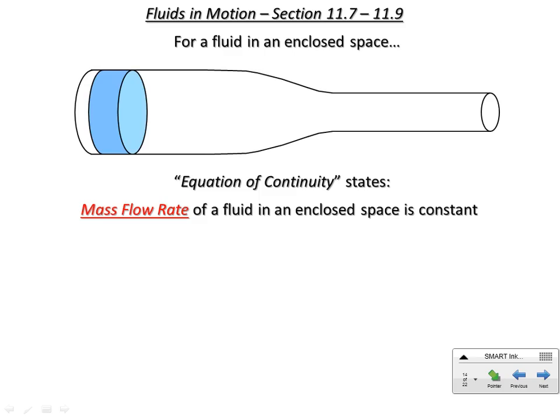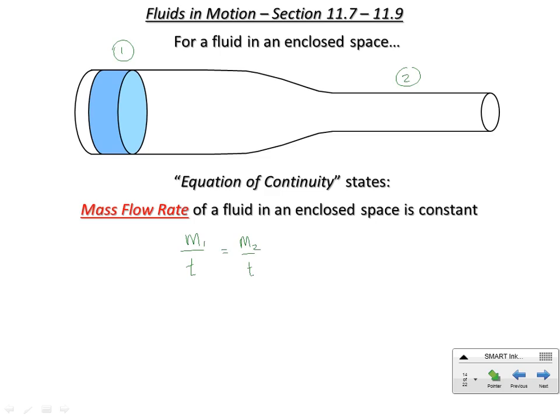What that means is, in this volume there's a certain mass of fluid, depending, of course, on the fluid's density. What that says is that mass per unit time in area 1 and mass per unit time in area 2 have to be the same thing.